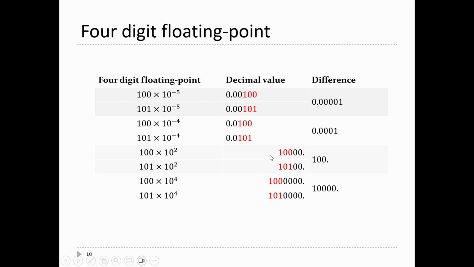I can't represent any number between 10,000 and 10,100. If someone used our floating point format and wrote down the number 10050, when we convert that to our floating point format, we have to convert it to either 10,000 or 10,100.